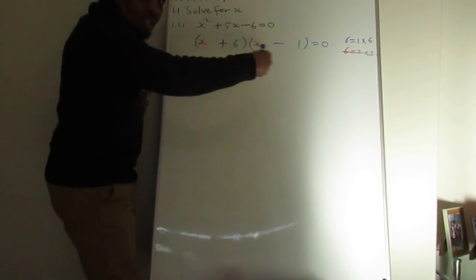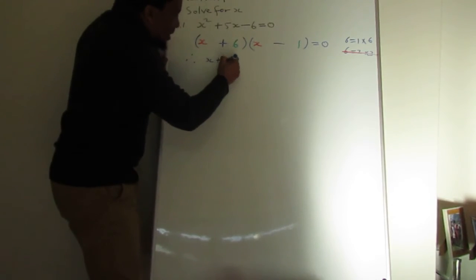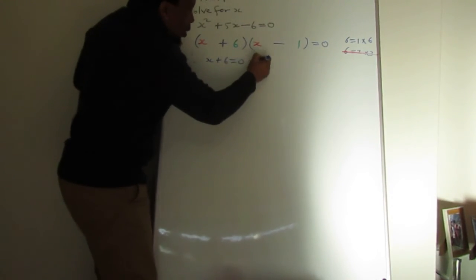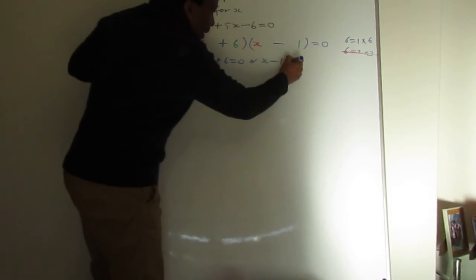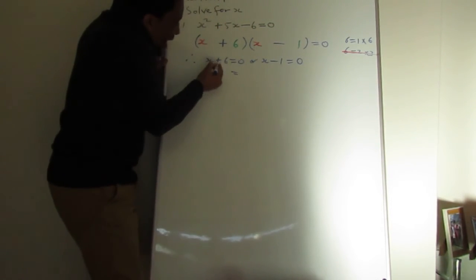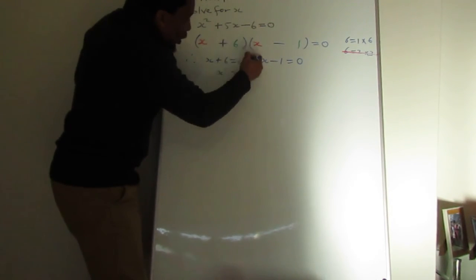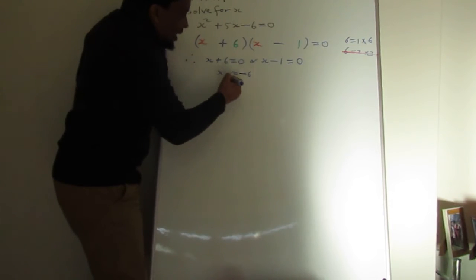Therefore everything else becomes easy. x plus 6 is equal to 0, or x minus 1 is equal to 0. Therefore x is equal to, I take positive 6 to the other side, it changes the sign and becomes negative 6.